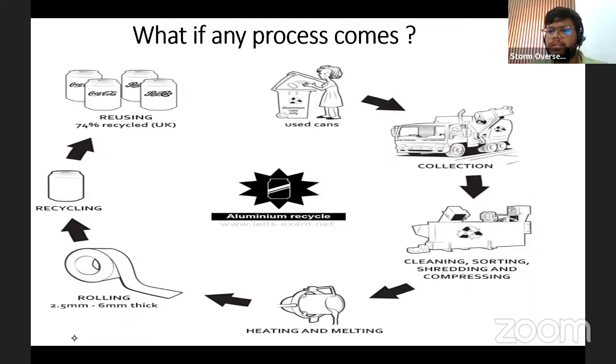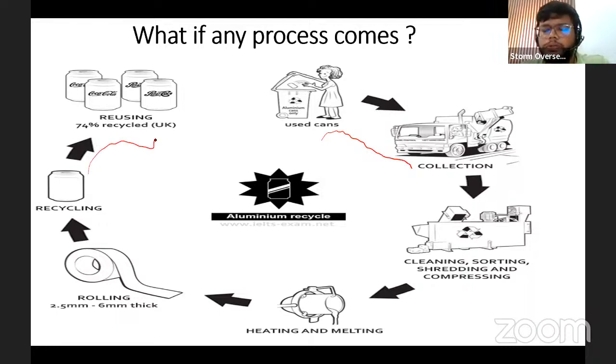So we'll be using these two things to write our overview. And if you feel that any step is very important for the whole process, then you can mention that too. That is also okay. So this is my first stage and this is my second stage.